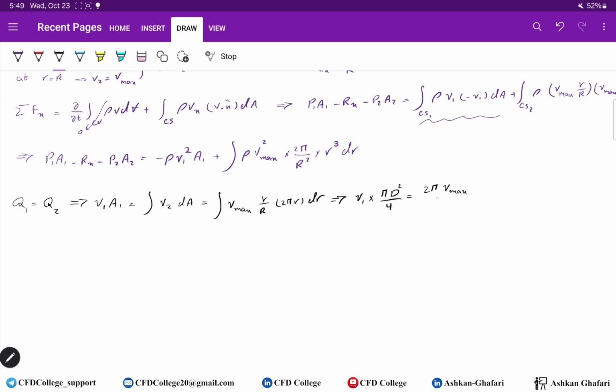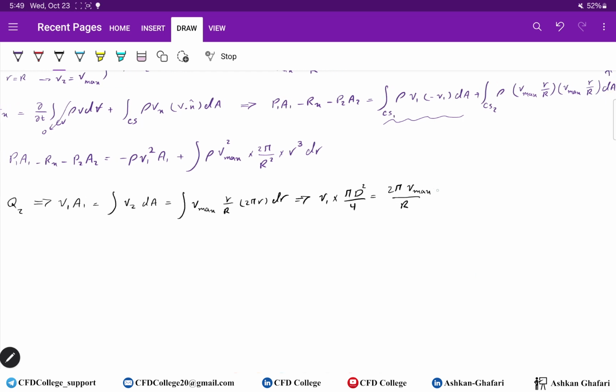Vmax and r are constants. We can bring them out, and inside the integral we have r square dr.